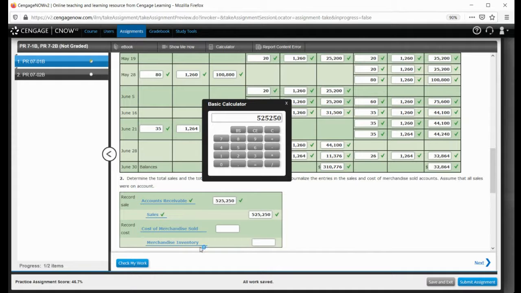Remember, in a perpetual inventory system, we want to keep a record of all of the merchandise cost that we have sold, and that cost of merchandise sold we found right here on the cost card at 310,776.